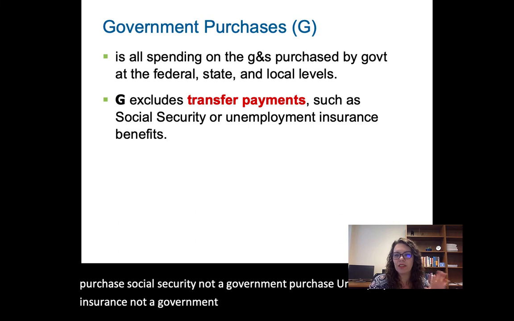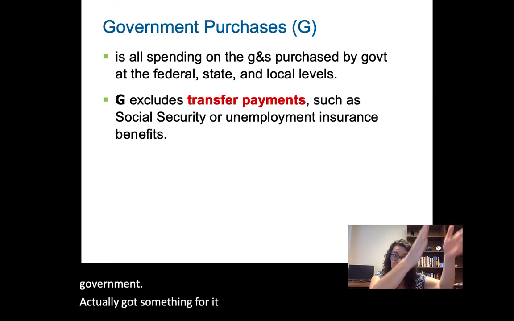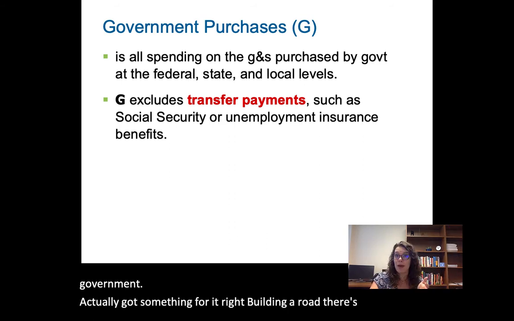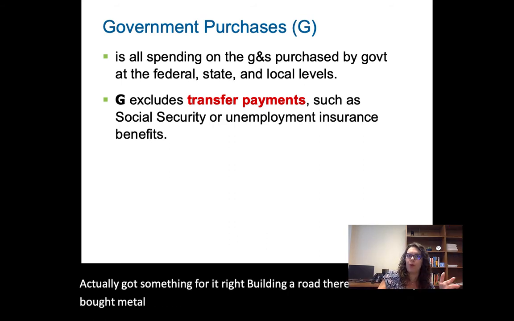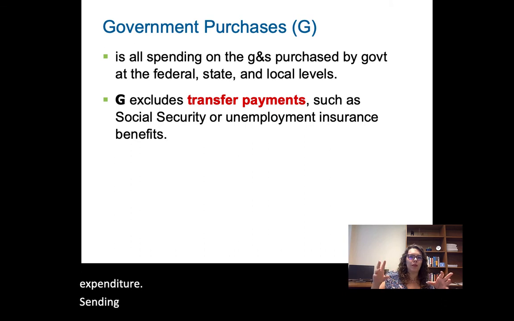To test whether something's a government purchase, you just have to see if the government actually got something for it, right? Building a road, there's a road. They bought metal and concrete to build the road. That's a government expenditure. Sending somebody TANF for groceries, that's transferring money. Right?